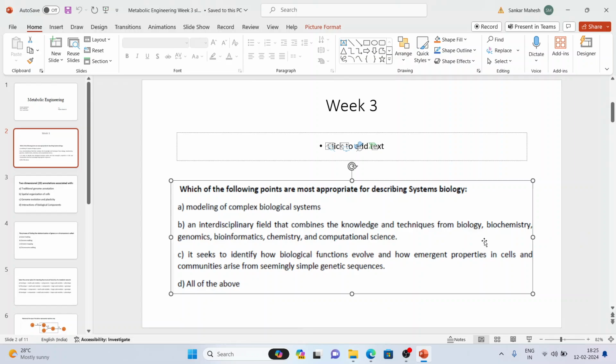Option B, an interdisciplinary field that combines the knowledge and techniques from biology, biochemistry, genomics, bioinformatics, chemistry, and computational science. Option C, it seeks to identify how biological functions evolve and how emergent properties in cells and communities arise from seemingly simple genetic sequences. And option D, all of the above. You can take a couple of minutes and then we can start discussing.